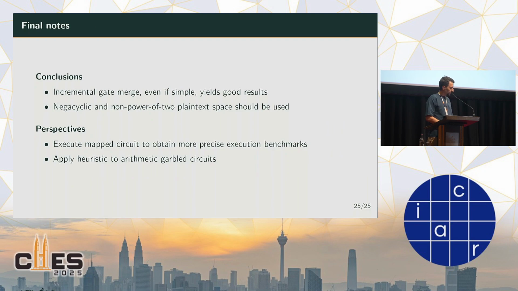So, final notes. The heuristic principle where you merge the gates incrementally yields very good results, even if it's simple. Negacyclic and non-power-of-2 ciphertext spaces should be used because they allow more flexibility and better solutions.